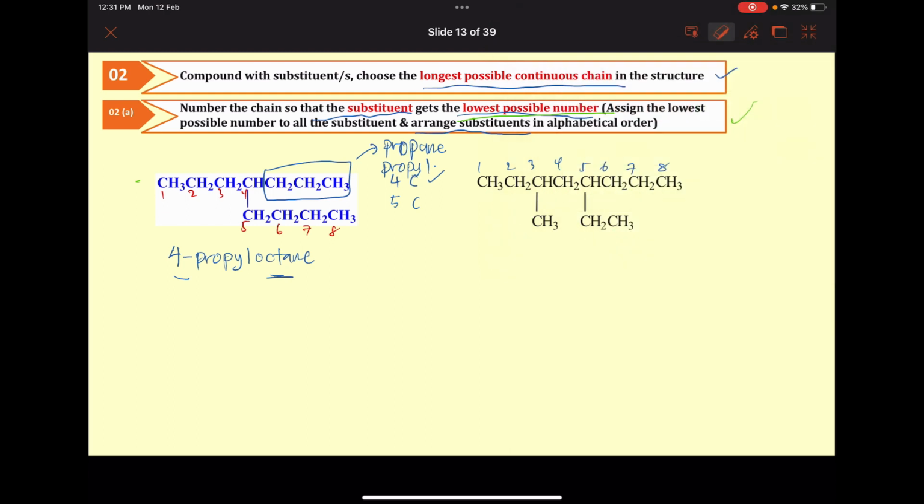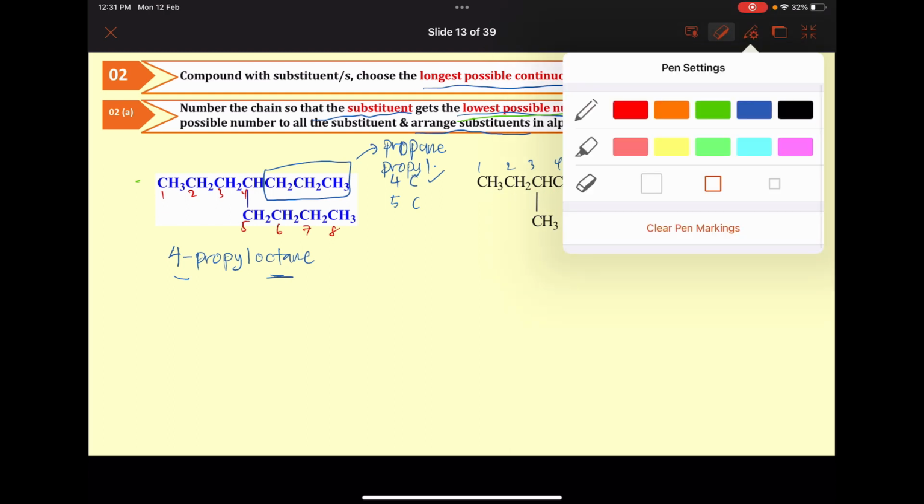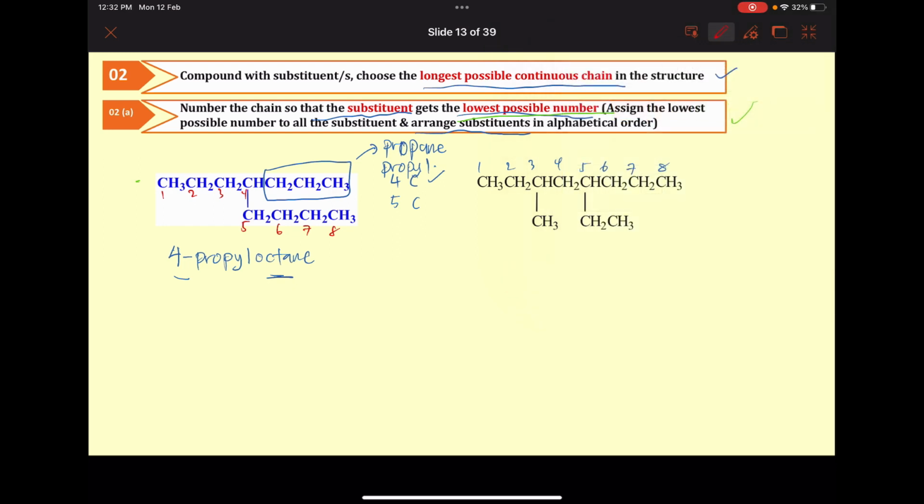Okay, and then the longest chain ni kita boleh write down in two ways. Kita start daripada sini satu ataupun kita start daripada sebelah kanan. 1, 2, 3, 4, 5, 6, 7 and 8. Okay, let's see. Kita ada dua substituent dekat sini.